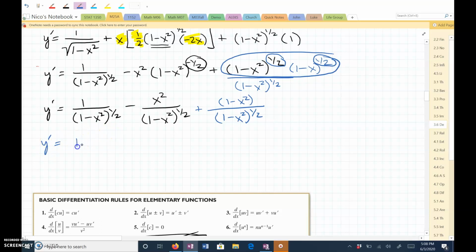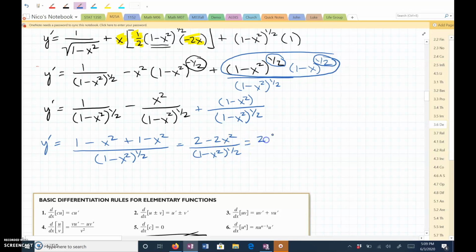So the numerator is going to be 1 minus x squared plus 1 minus x squared, all over 1 minus x squared to the 1/2 power. This would become 2 minus 2x squared all over 1 minus x squared to the 1/2.